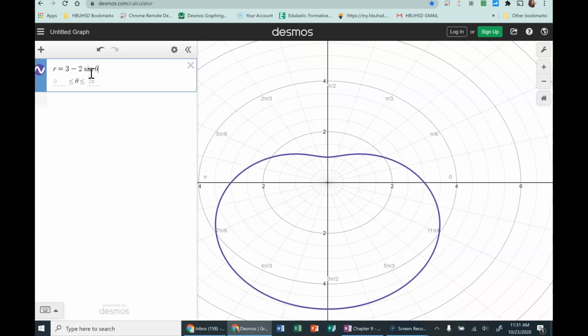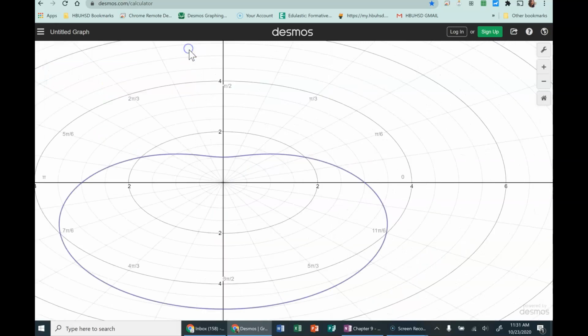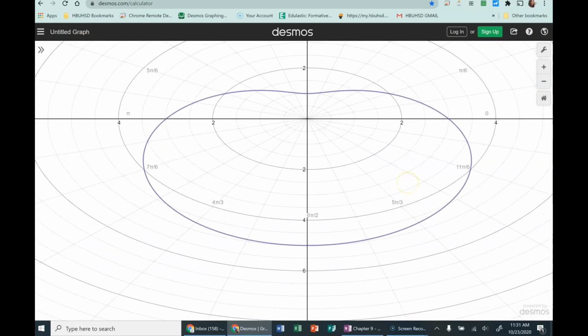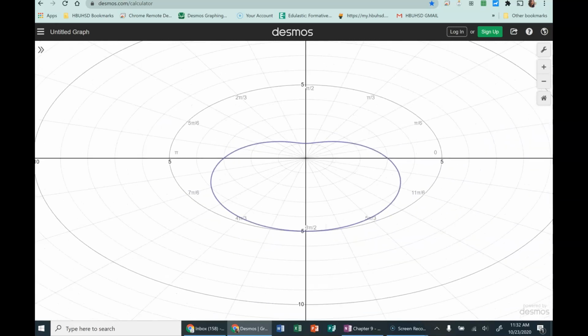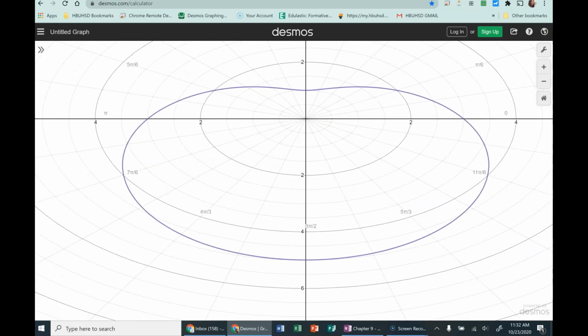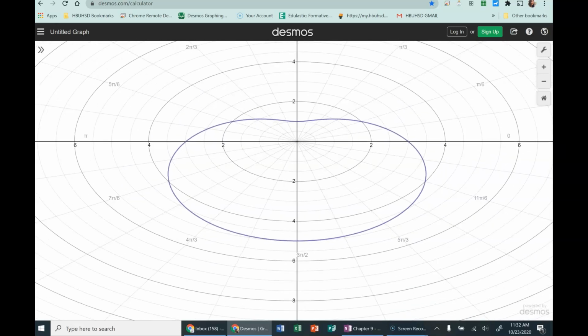As you can see, it is definitely not symmetric about the x-axis, aka the polar axis, but it is symmetric about the y-axis, aka the line theta equals pi over 2. Would you agree that it does not run through the origin? It looks almost like a lazy heart, or almost like a bean.